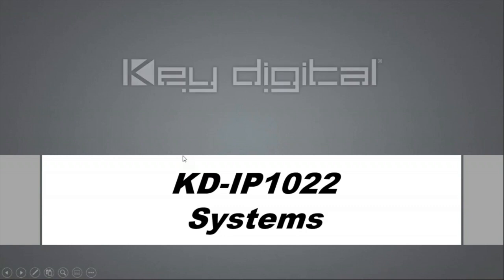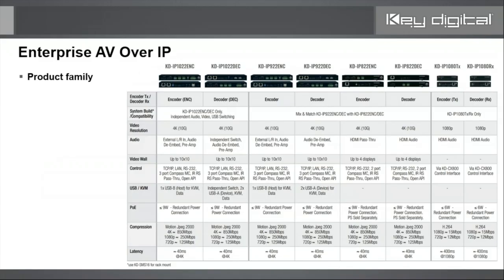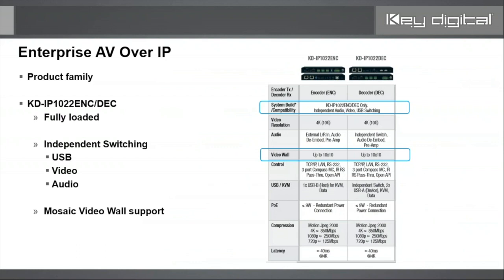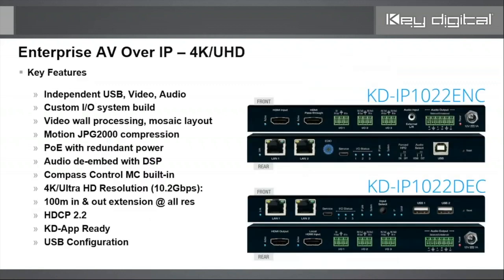Let's look quickly at the IP1022. The IP1022 we see here in our product family. And what is unique about this, it provides independent audio, video, and USB switching. Now, here we see the IP1022 encoder, the IP1022 decoder.